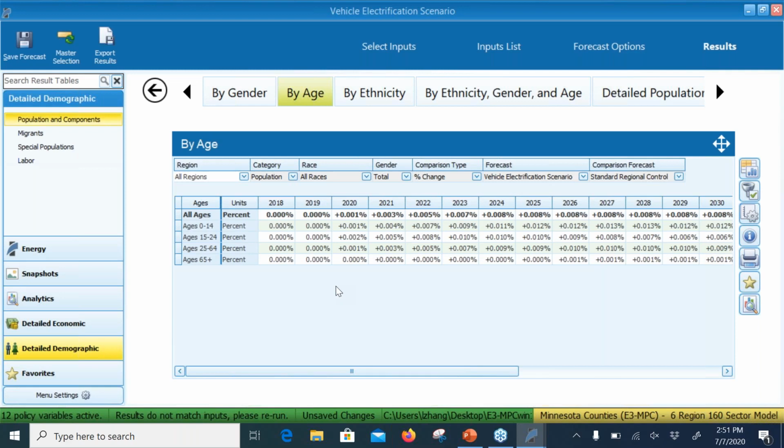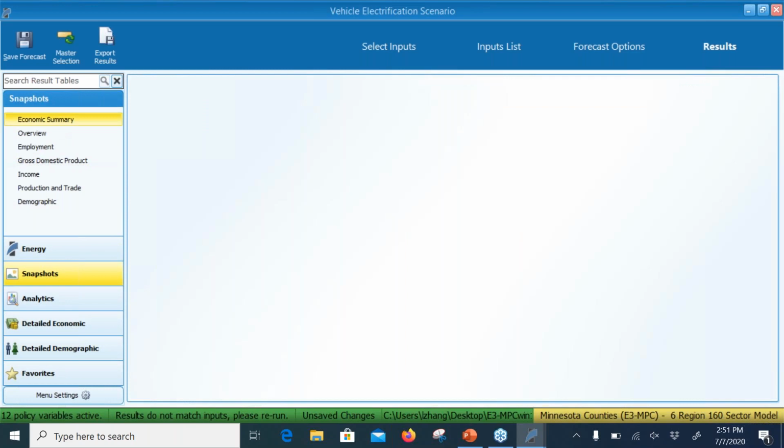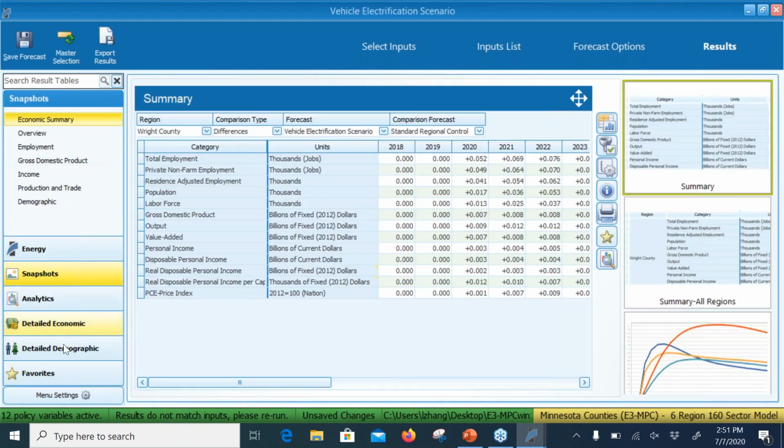In either case, you have a policy in mind, you cast it in terms of policy variables, and then we can look at the economic impact both at the aggregate level, as you can see here in the economic summaries tab, and also broken down by demographics or industry and so on, here in these detailed tabs.